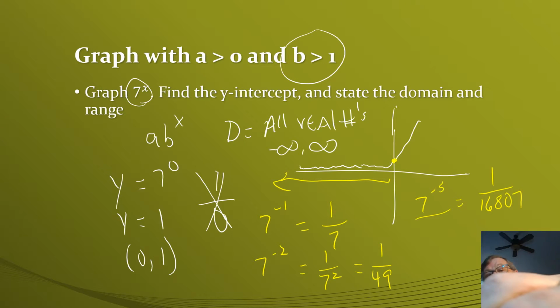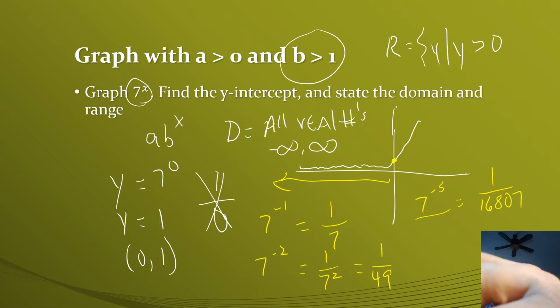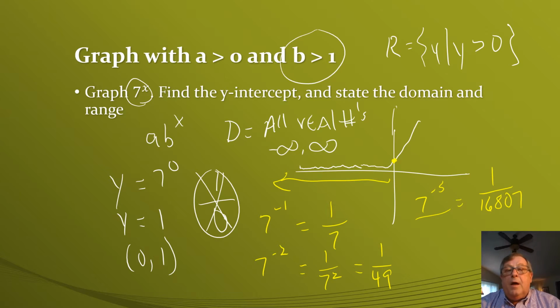So my range has got to be y, let's put it like this, such that y is greater than 0. It can't equal 0. If it equaled 0, it would be undefined. So let's go to the graphing calculator. We're going to graph this, and we'll take a little bit deeper look based upon our actual graph.